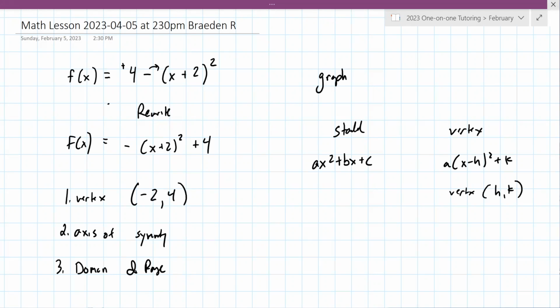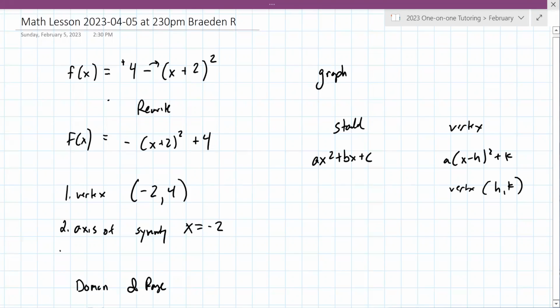All right. How about axis of symmetry? X equals -2. That's right. And actually, before domain and range, I should ask you whether this has a min or a max.